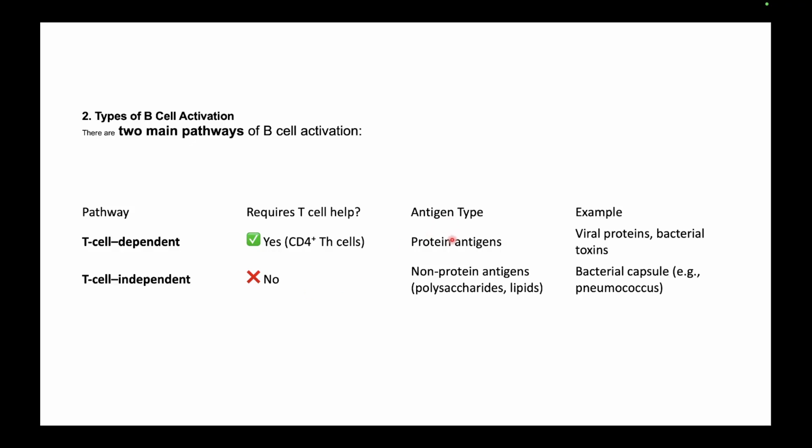The antigen type for T cell dependent is protein antigens, for example viral proteins and bacterial toxins. For T cell independent it is non-protein antigens, such as polysaccharides or lipids, for example bacterial capsules in pneumococcus.